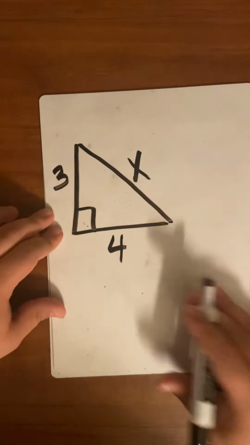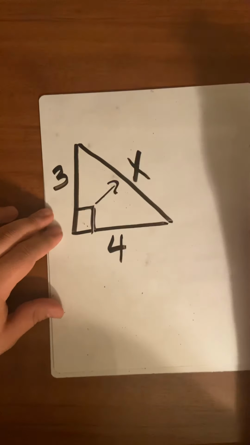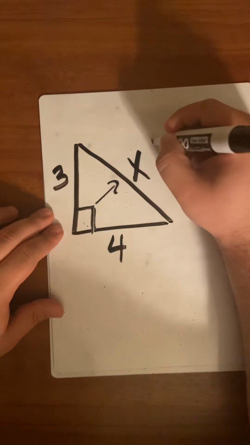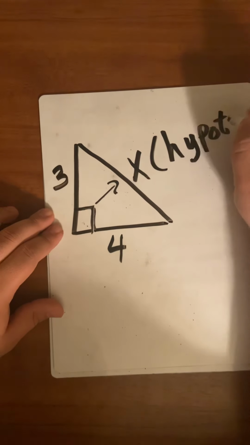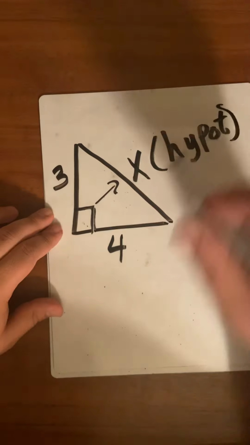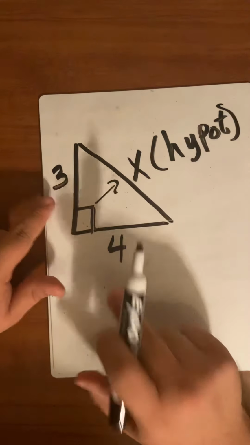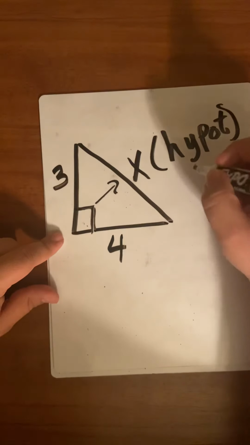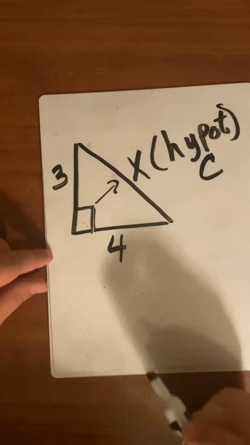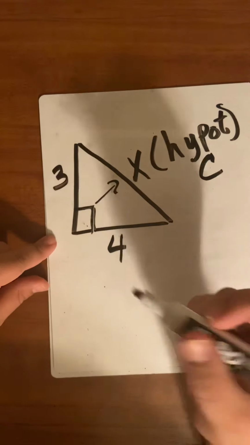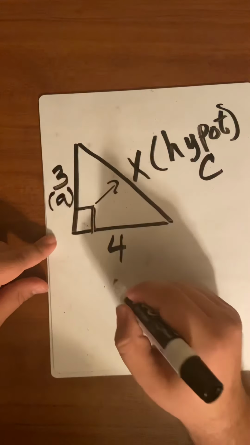If you remember, your hypotenuse is always directly across from the right angle. So this right here makes x my hypotenuse, meaning that 3 and 4 would be our legs. Hypotenuse is always your C. Now 3 and 4 are going to be our legs. We can call this one A, and we'll call this one B.